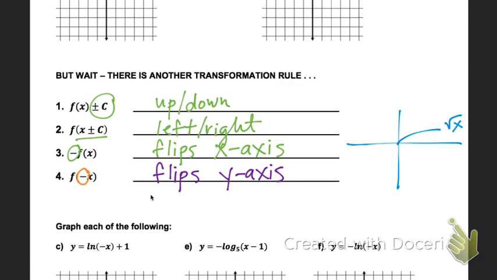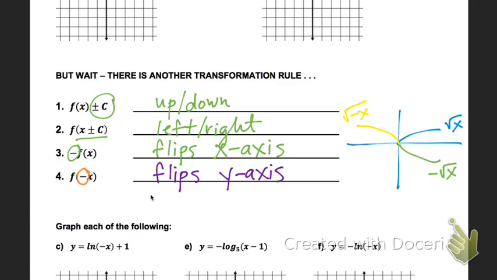If I flip the x-axis, it would be like negative square root of x. And then if I flip the y-axis, it would be like this, where it's now the square root of negative x. It is, but you can still graph it if you put real numbers in there.